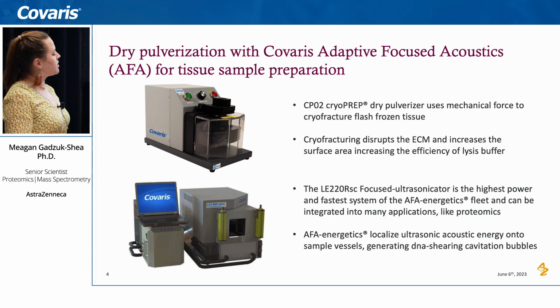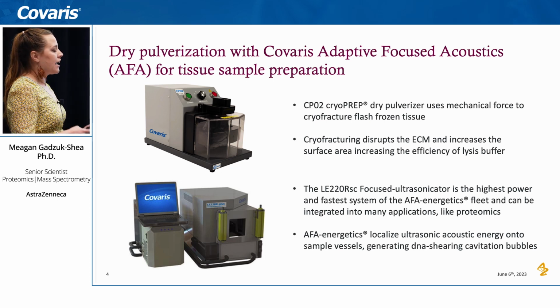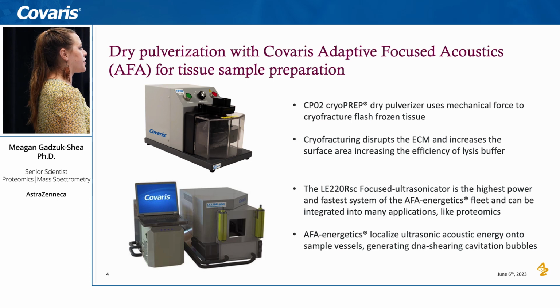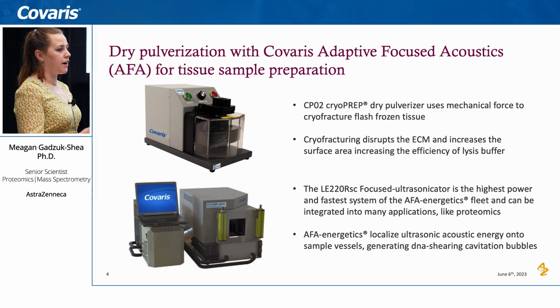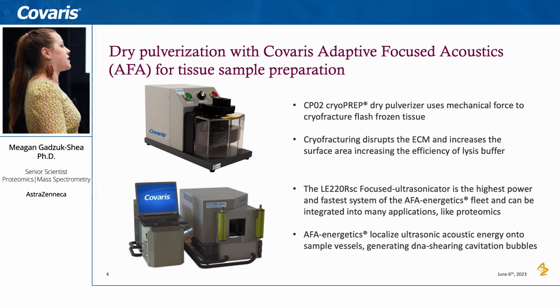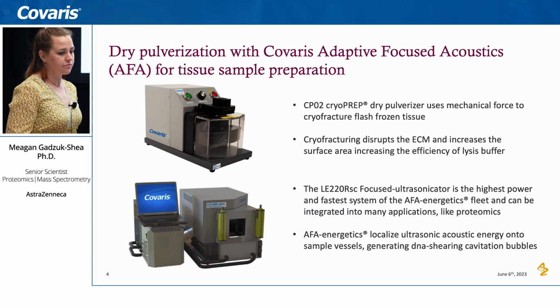And as Samir said in the intro, AFA energetics localize ultrasonic acoustic energy into a very focused point on your samples, which is going to give you that very, very efficient and effective protein extraction.